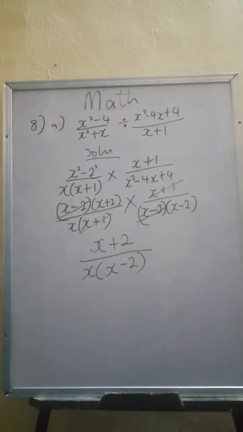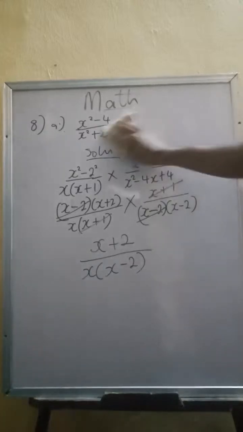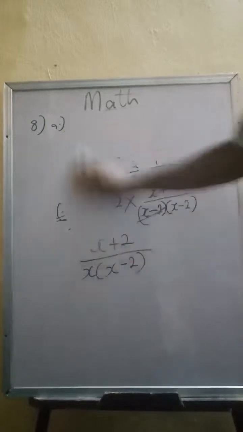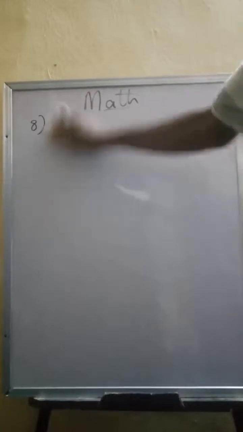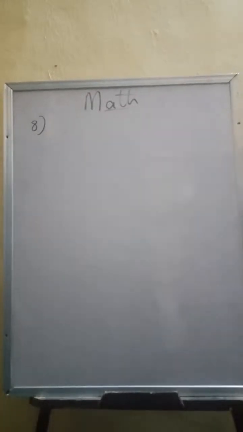Now the next question says, show the region on a graph that satisfies the following inequalities. That's the B part now.